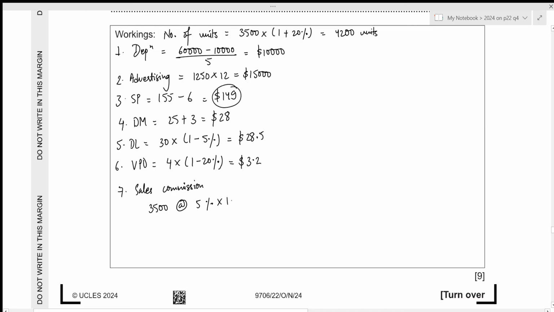So 5% times 149 is 7.45. This is the rate for the 3500 units, and in excess of the 3500 units we need to pay the sales commission at the rate of 10%. So in excess, that's 4200 minus 3500 units, which is 700 units. So for these 700 units we need to pay the sales commission at the rate of 10% of our selling price. So the commission is 14.9.